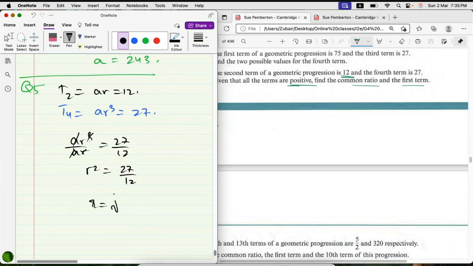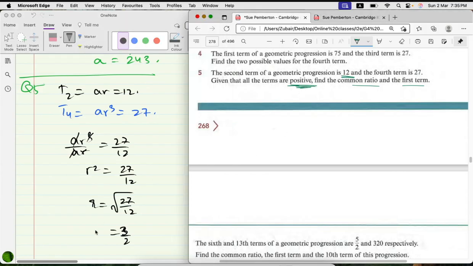And R is equal to square root of 27 over 12. That is 3 by 2. We are taking only positive because the condition given in the question is that terms are positive.